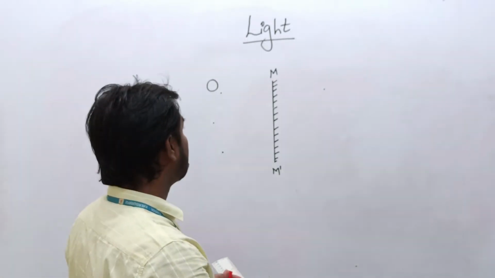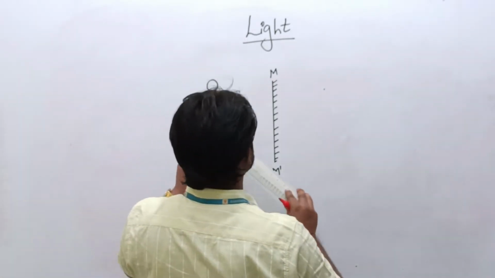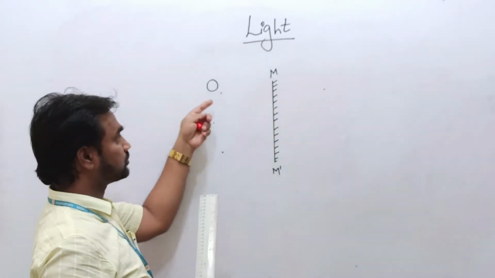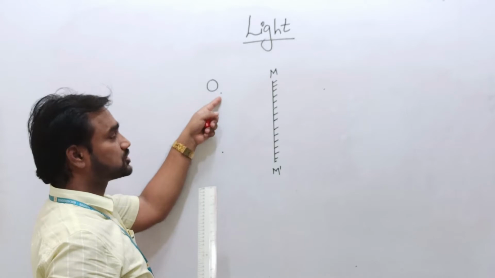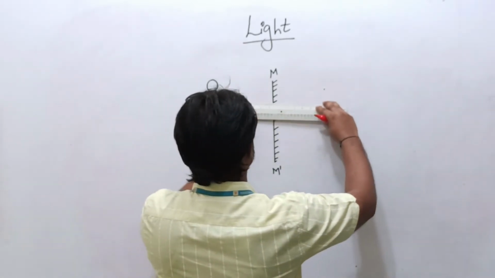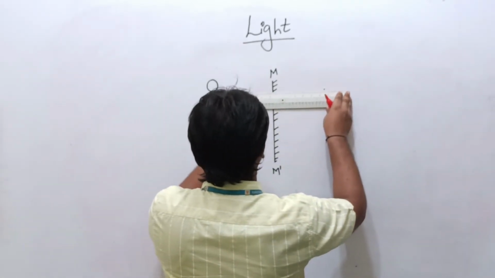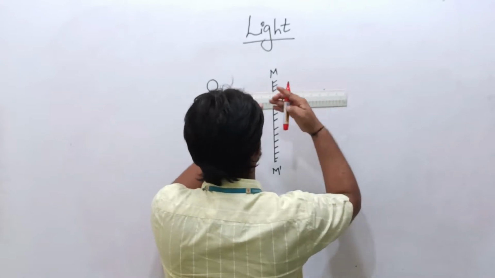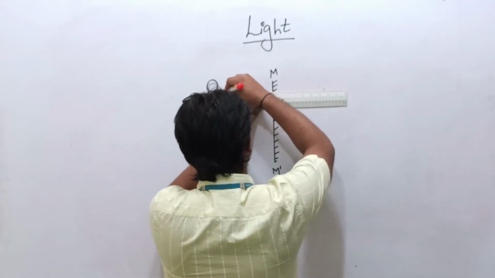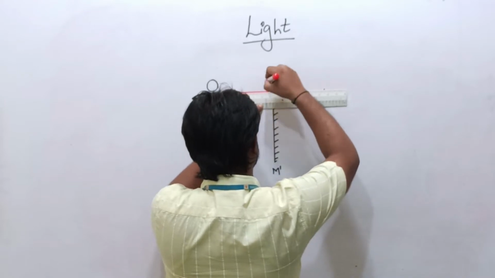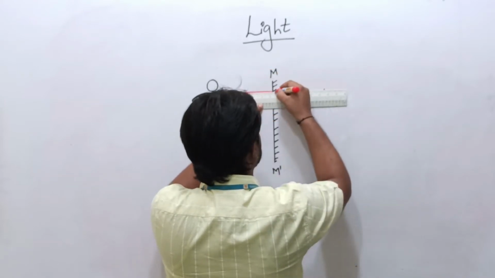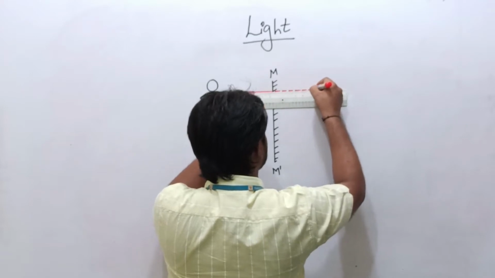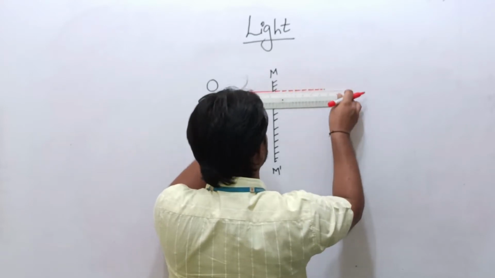Now let me take the first light ray. Whenever the light falls onto this object O, let me assume that the first ray falls at an angle of 90 degrees. The light ray is made to fall at an angle of 90 degrees, and this will be extended beyond.